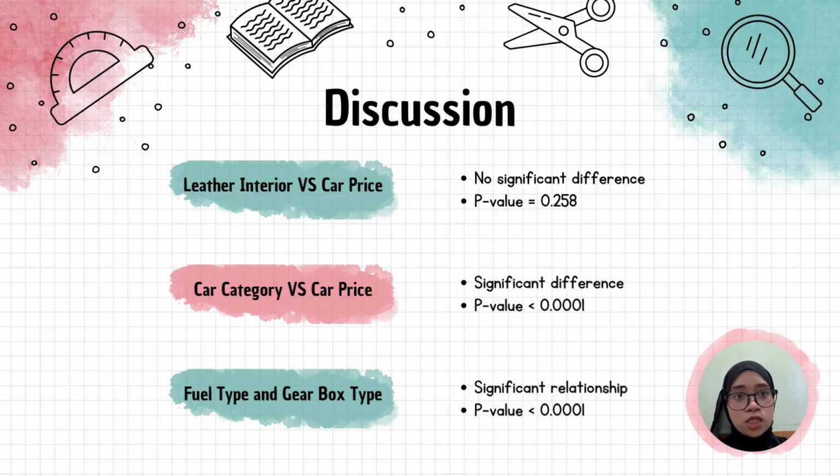For objective 3, the chi-square test of independence shows that there is a significant positive relationship between fuel type and gearbox type, with a p-value less than 0.0001. Overall, there is a significant difference among car categories and a positive relationship between fuel type and gearbox type, while the leather interior does not affect the car price in our dataset.